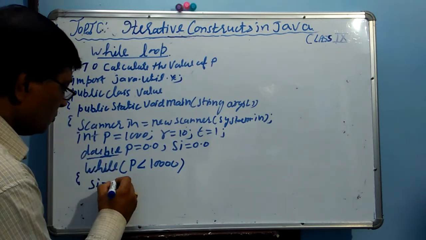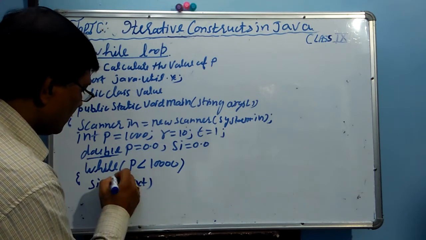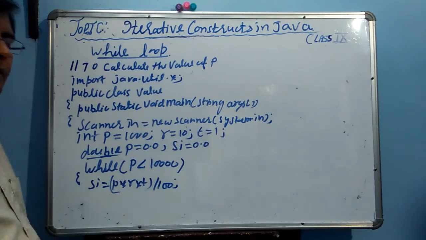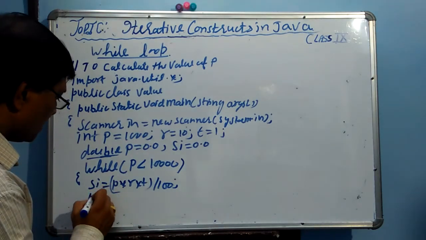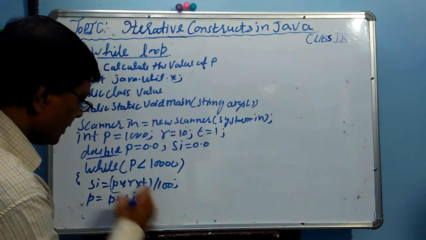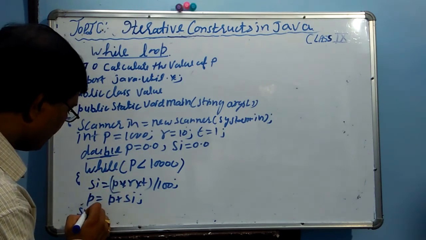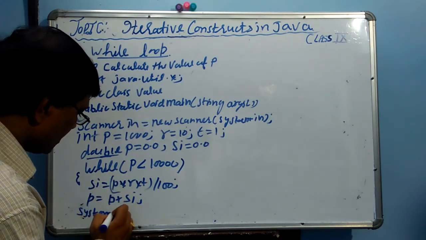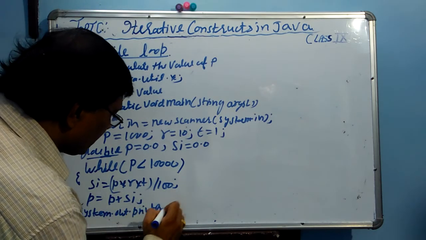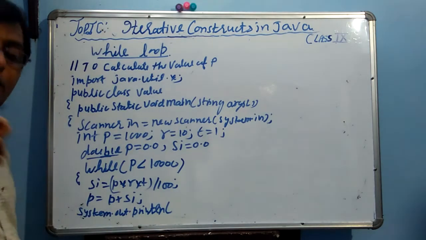Now SI is equal to P times R times T divided by 100. Clear? Now P is equal to P plus SI. Now System.out.println: what do we have to write here?